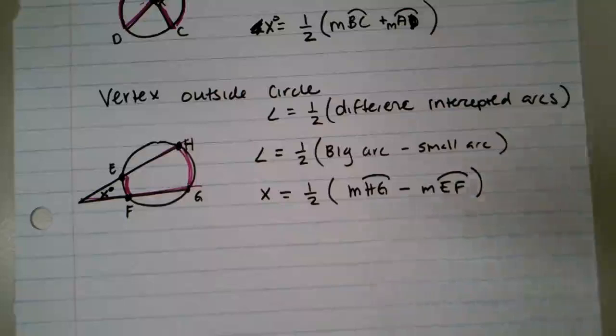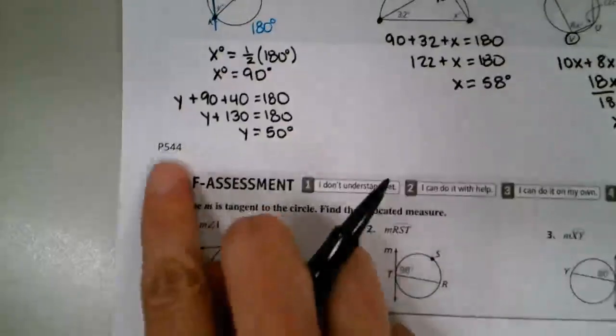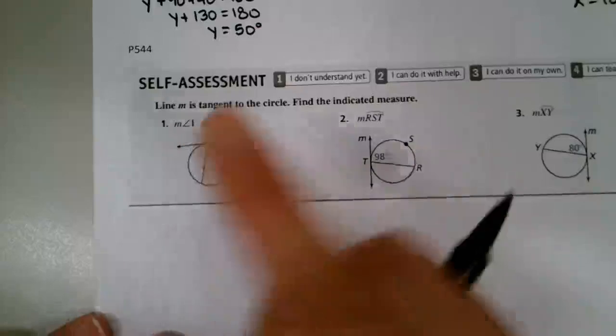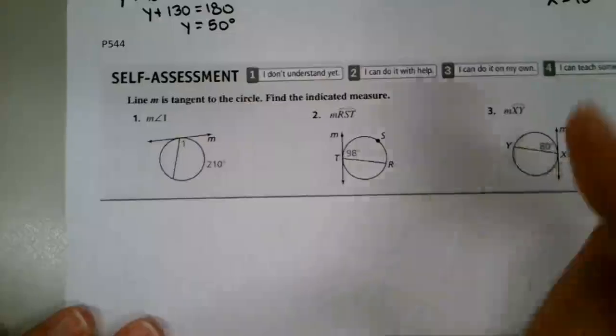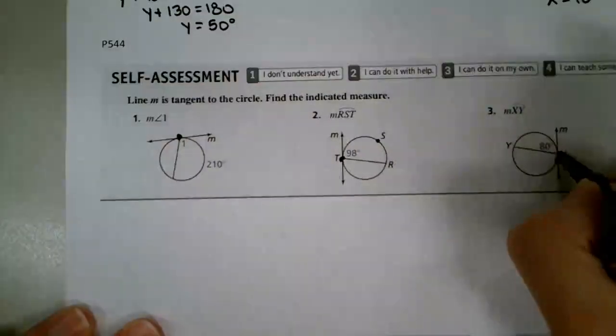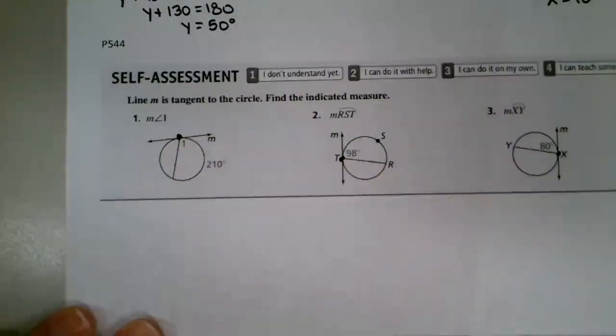Okay, we're going to look at some examples from your book. So again, if you have your textbook, the first examples we're looking at are on page 544. These three are examples of the vertex on the circle. Every one of these has the vertex on the circle.